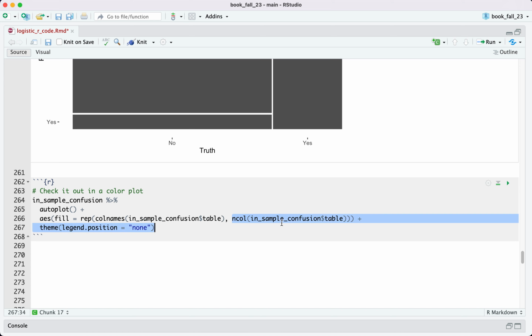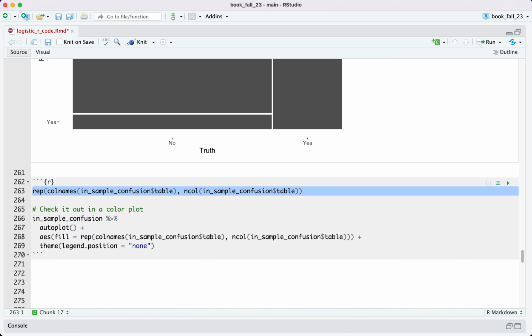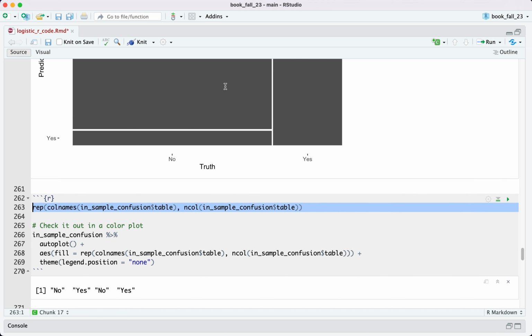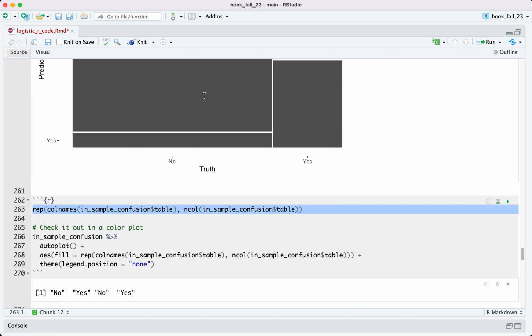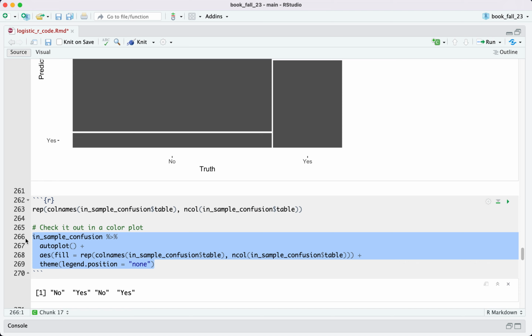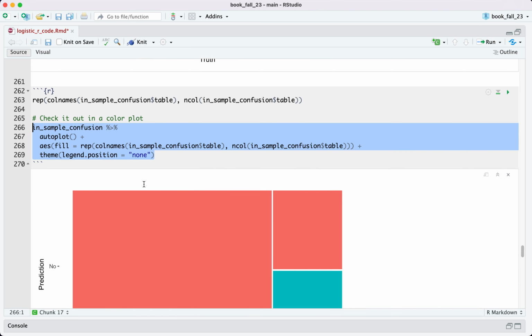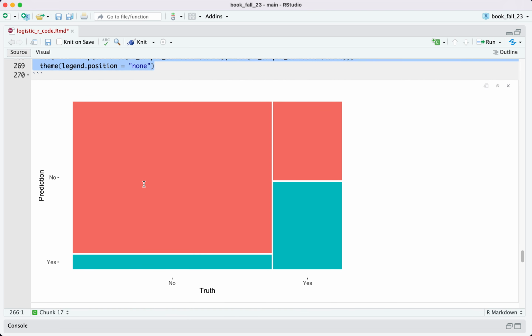We need information about the number of columns in that table. If I just show you what this piece is doing, it's basically just labeling these 4 boxes as no, yes, no, yes. So let's check out what happens.